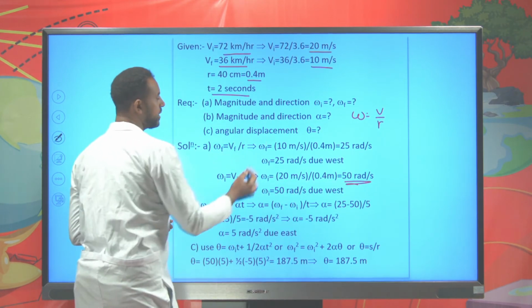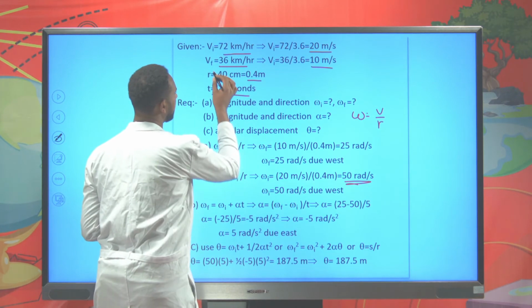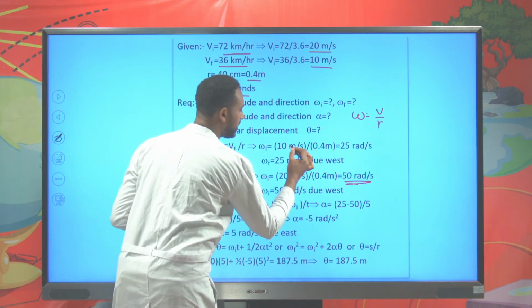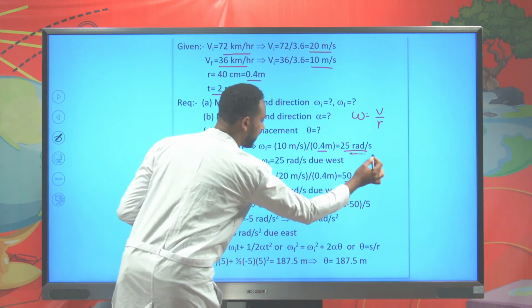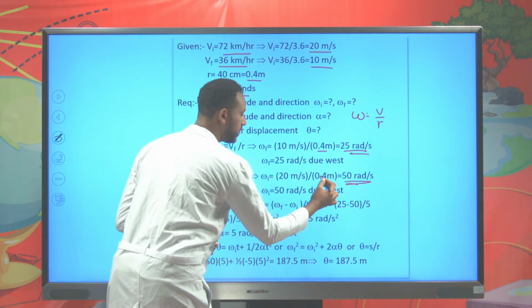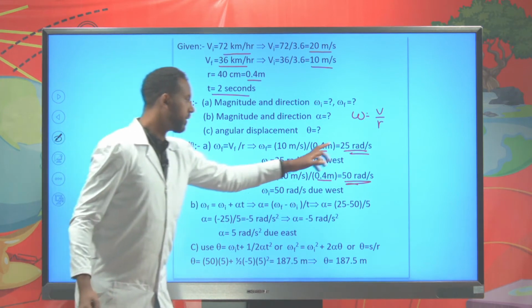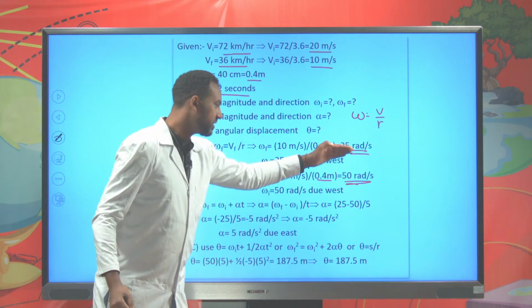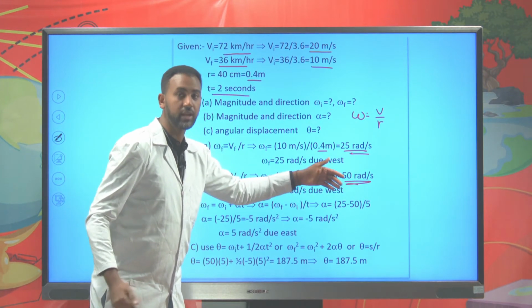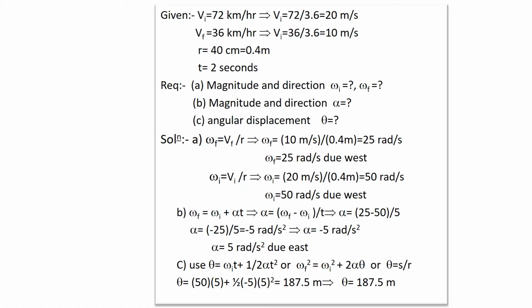The final is 10 divided by 0.4, which gives us 25 rad per second. So 50 rad per second is the initial angular velocity of the tire, whereas 25 rad per second is the final. And how do we determine the direction?